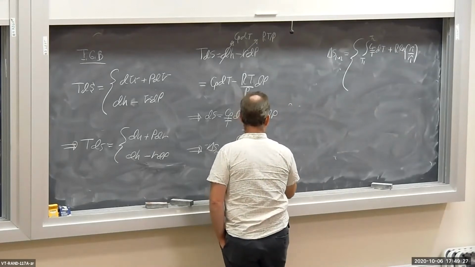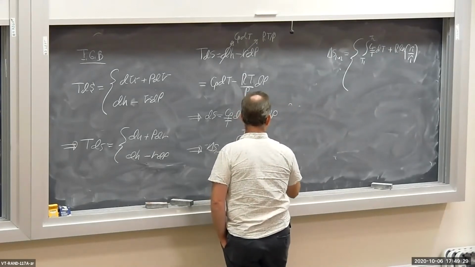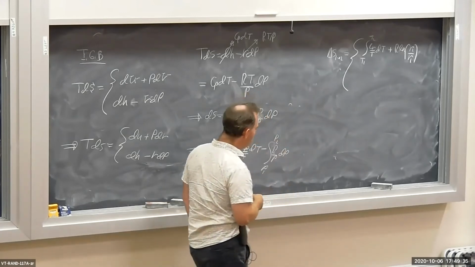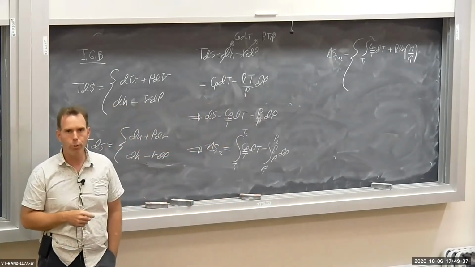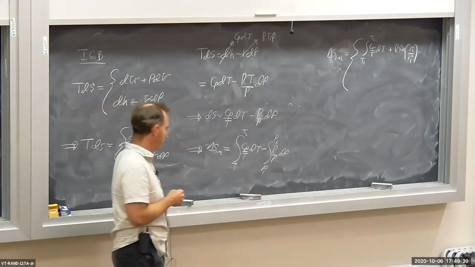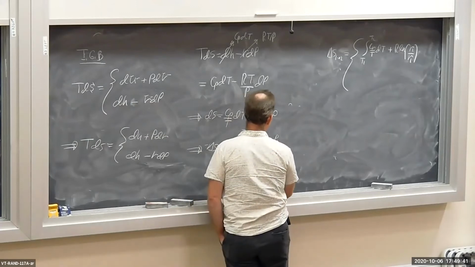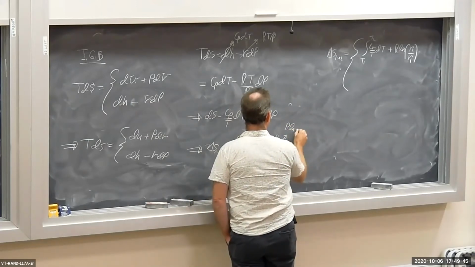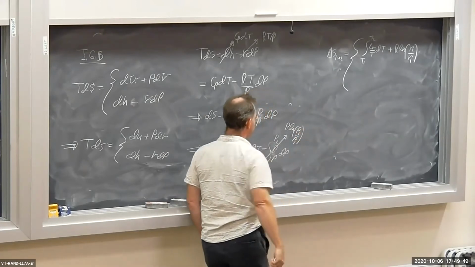Integral R over P dP from P1 to P2. Take the R out of the integral, and the antiderivative of 1 over pressure is the natural log of pressure. So this term here becomes R ln P2 over P1. Okay?